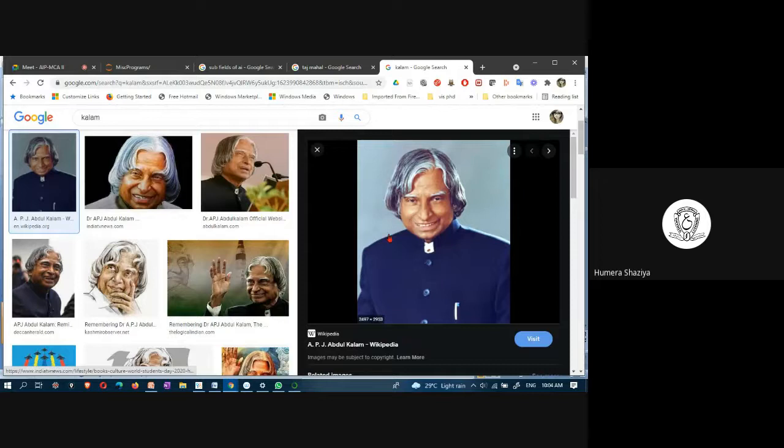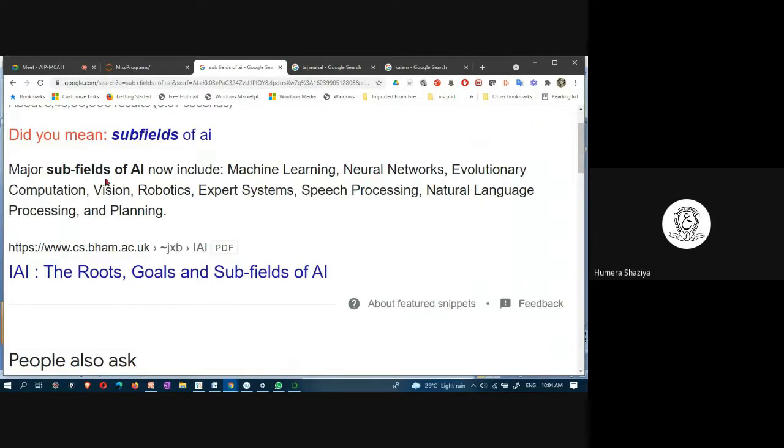That's why you could identify. What about a machine? How will a machine identify? If a machine could identify all the persons, if not all, at least a few persons, then we say that the machine has got the vision. Machine can see, machine can identify.